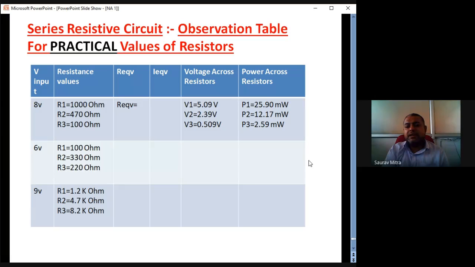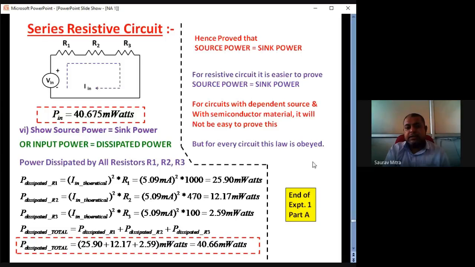This is only part A of experiment 1. Part B will be the parallel circuit. So the series circuit is over; DC supply and parallel resistive circuit will be next.